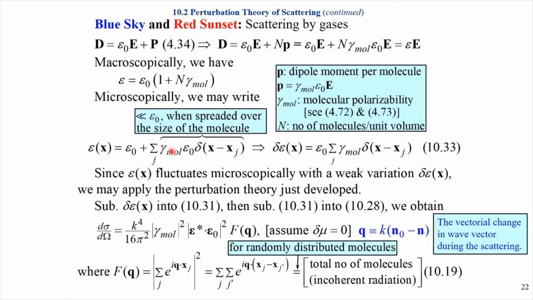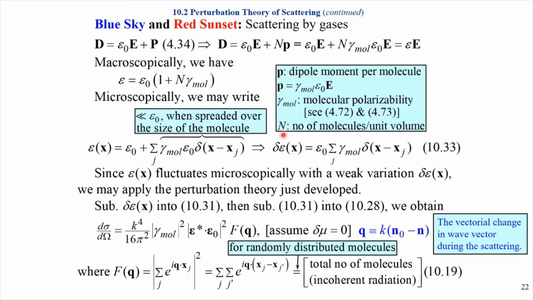So obviously this term will be very, very small compared to epsilon 0. You can imagine this is a very small term. We need a lot of particles to increase the effect. The number of particles per unit volume is huge.